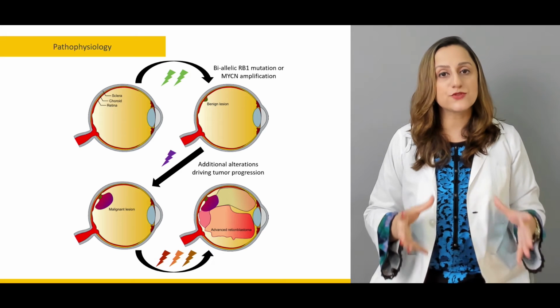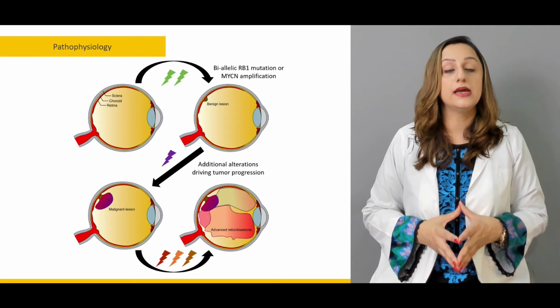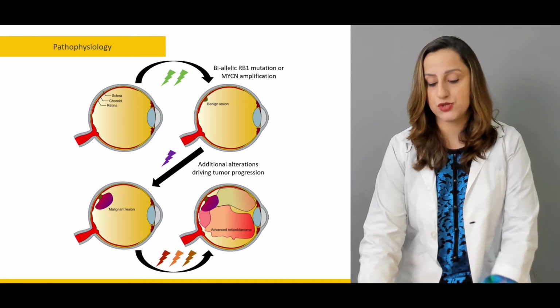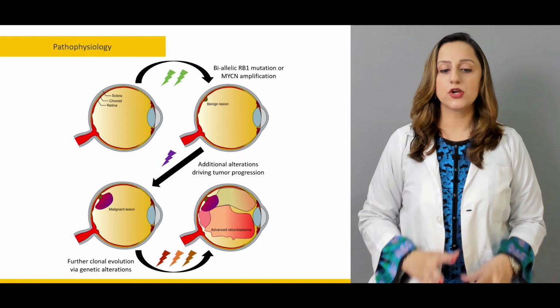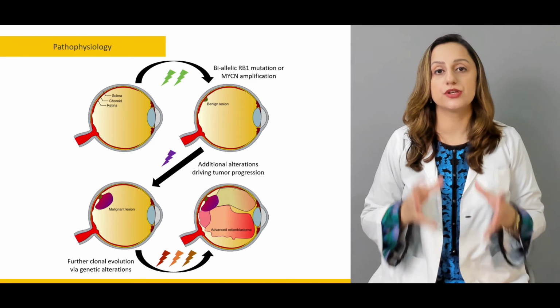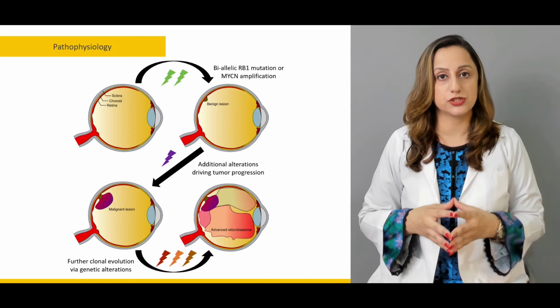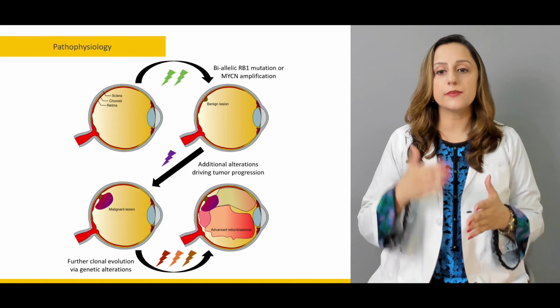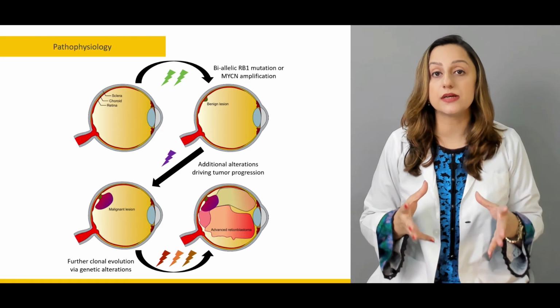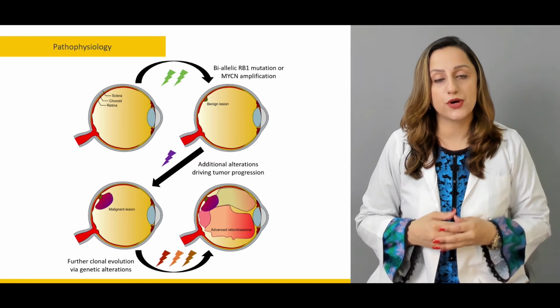It can be a massive structure, and obviously that would be regarded as the advanced retinoblastoma stage. Further clonal evolution via genetic alterations would further deteriorate the condition for the patient. So if it is a primary tumor primarily involving the retina, then it can further deteriorate the condition.